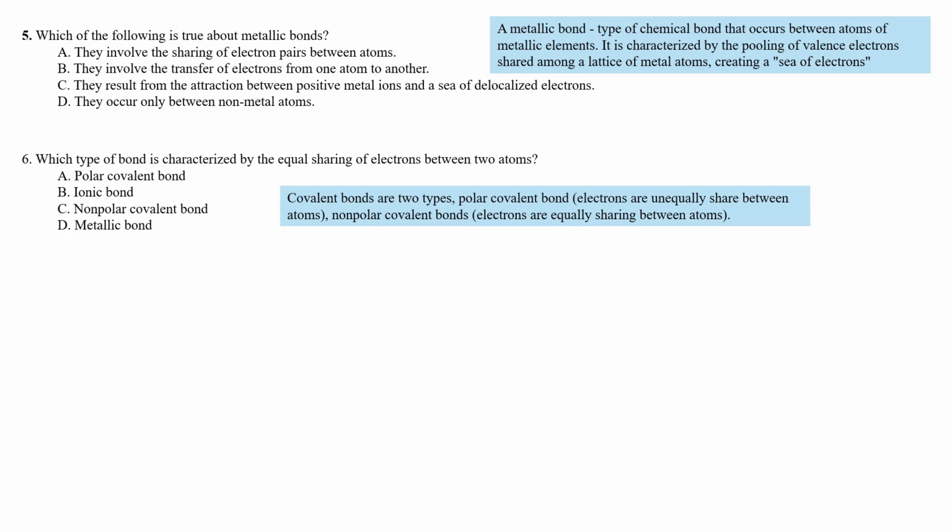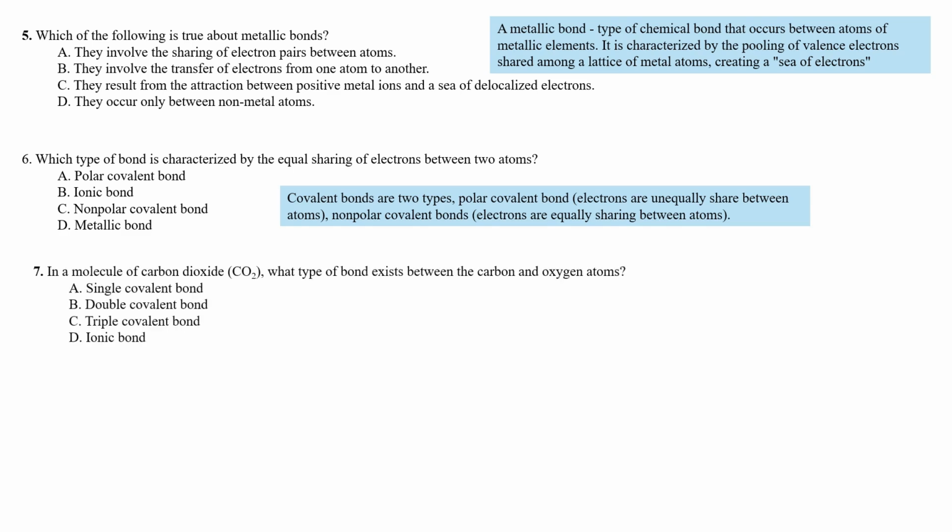Electrons move closer to the more electronegative element, then the bond is polar. Non-polar covalent means electrons are shared equally between atoms. The question asks about equal sharing of electrons between atoms, so it should be a non-polar covalent bond.